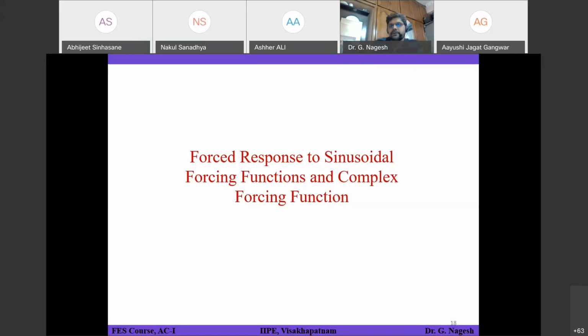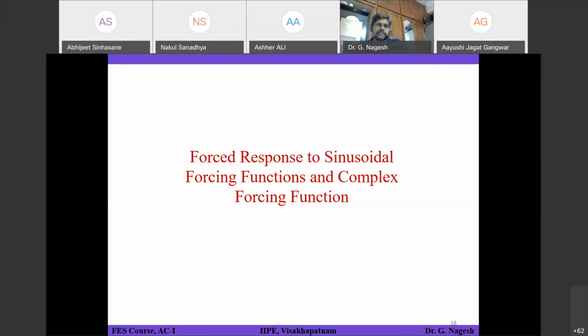So in any circuit, what is the response in any current or across any element when you apply a sinusoidal forcing function? That means if you apply a sinusoidal voltage, what will be the response at different parts of the circuit? That we are going to study. A sinusoidal forcing function will be like Vm sine of omega t, which is how a sinusoidal single phase voltage was generated.